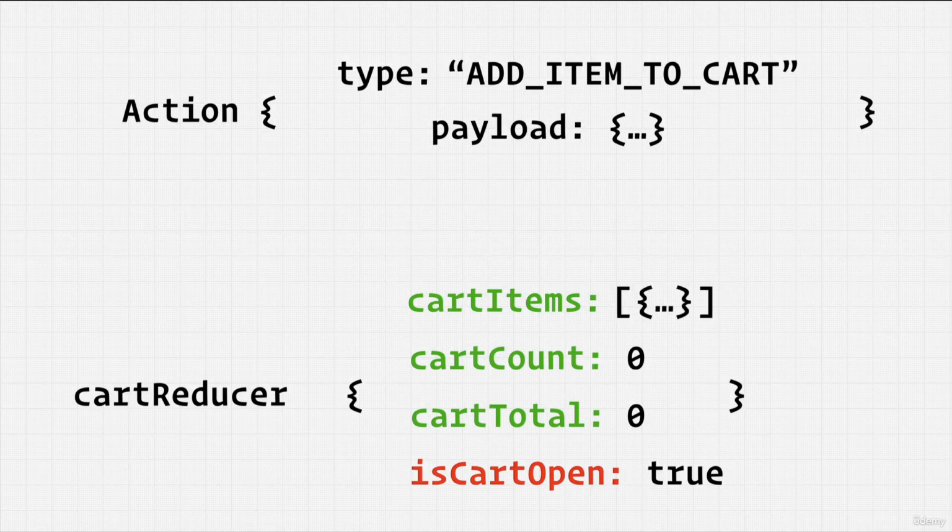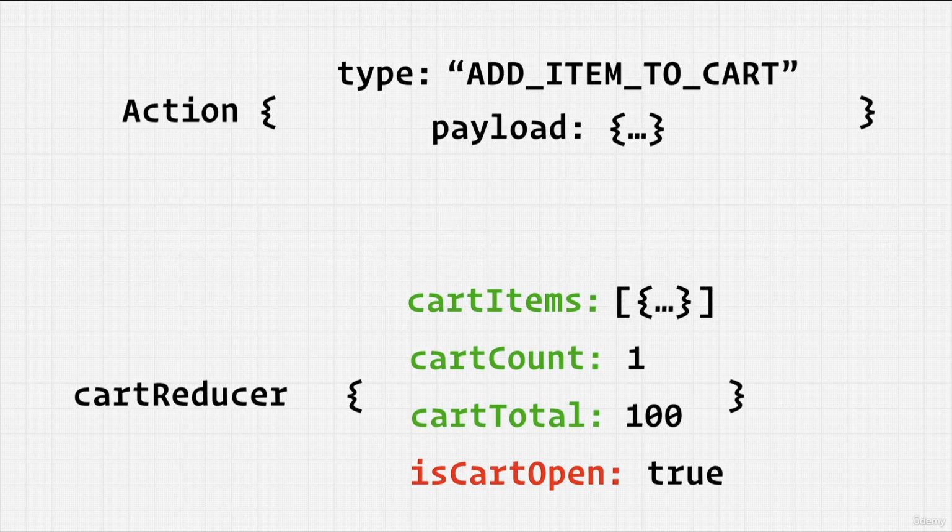So cart items will add that corresponding item into it. We might do some modifications here, as we do, where we create a new object that has a quantity value on it. But the main thing is that the cart items array gets updated. Cart count updates its count, and cart total updates its total value to whatever the new cost is.